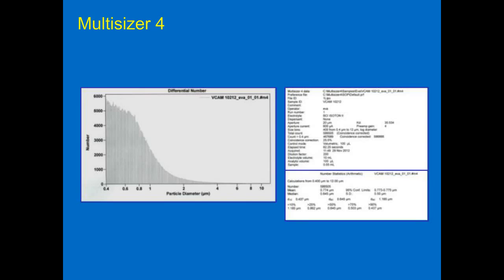Now here is the Multisizer report. Unfortunately, you can't see the numbers too well, but here's the distribution. And what this actually is, is the junction between two populations. This is a normal distribution of the larger particles, and you can see that the mean of this is around 650 nanometers.